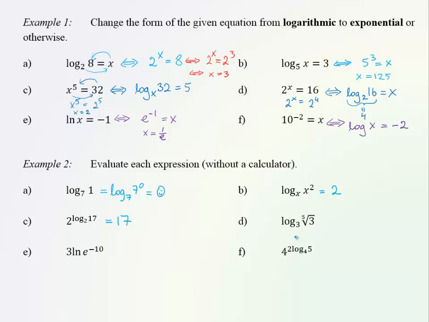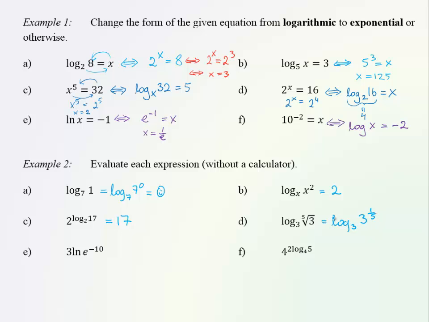In the following example, we still have base 3. But in order to cancel the log with the exponential function with base 3, I need to have this expression as an exponent of 3. So let's change this fifth root of 3 to 3 to the 1/5.